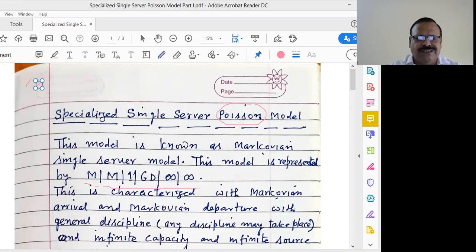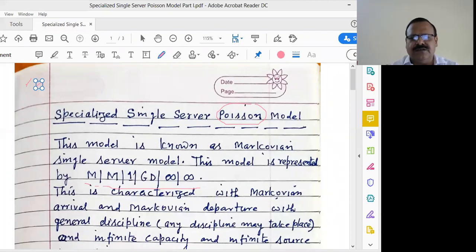If it is completely random, then it has a certain property. If you remember the previous lectures, it has the forgetfulness property, popularly known as the memoryless property. Inter-arrival times and service times follow the exponential distribution, and the exponential distribution follows the memoryless property.